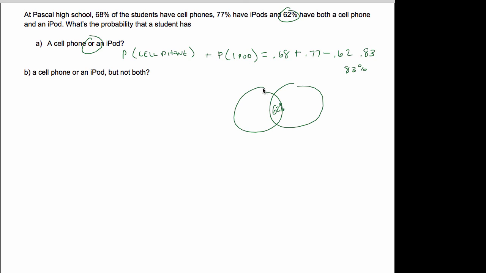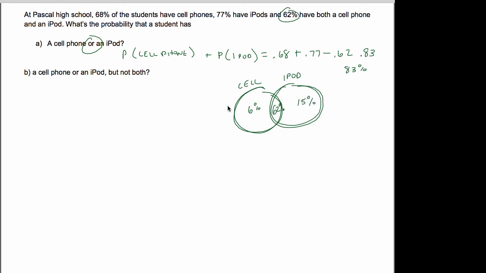Well, if you think about it, if this is cell phones and this is iPod, this whole circle for cell phones is 68%. Well, 62% of them are sitting right here, then this is going to actually just be 6% here, right? And if I'm thinking about iPods, and I know this whole circle represents 77%, then this is 15% here.